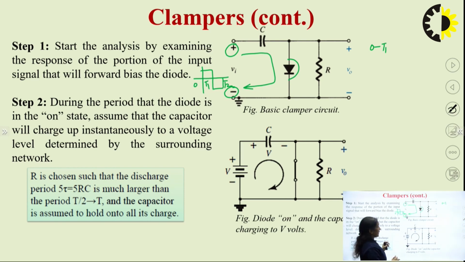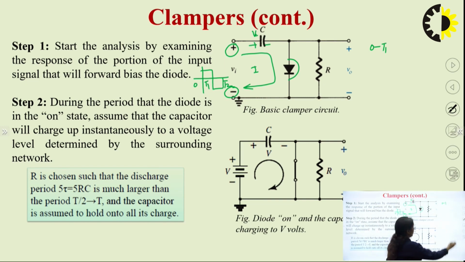Let us understand how it works. Because I have taken the current direction clockwise, the voltage across the capacitor will be Vc, and this plate will be at the higher potential and this plate at the lower potential. If I write the KVL in the first loop for 0 to T1, where the diode is forward bias, that means you can start the analysis.